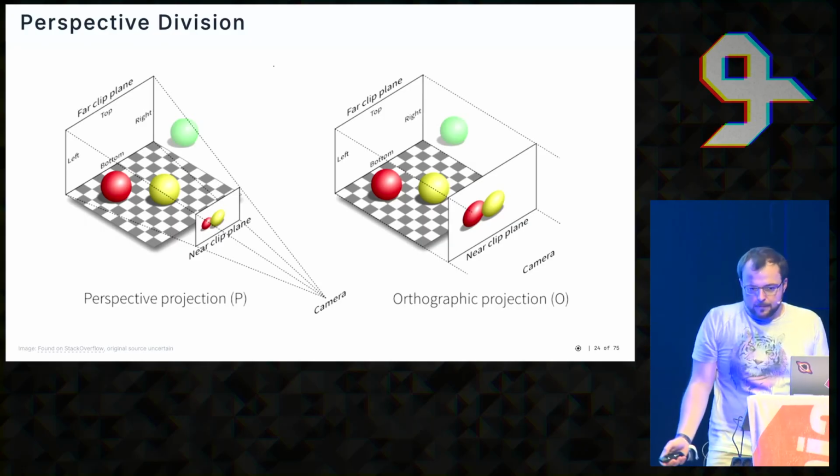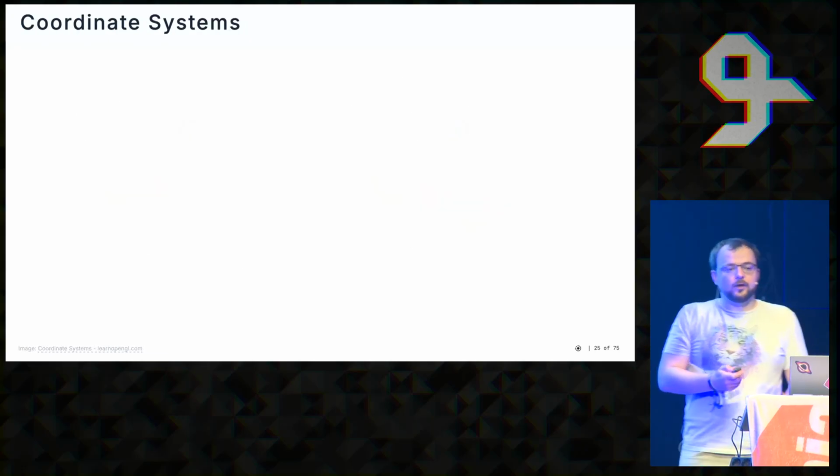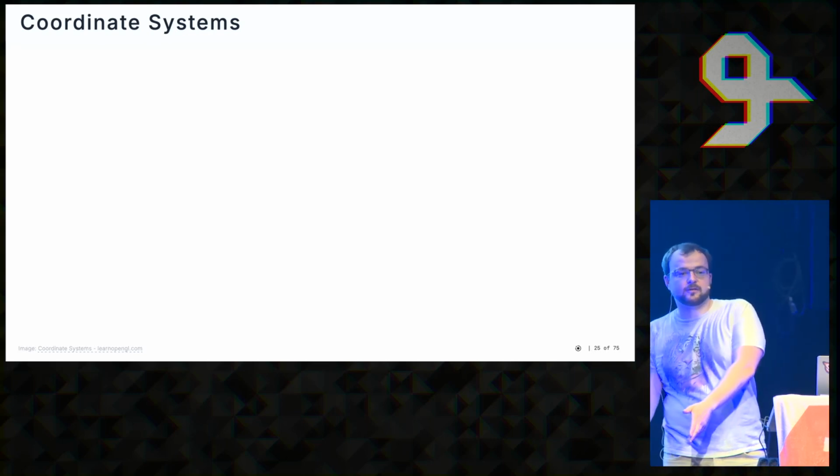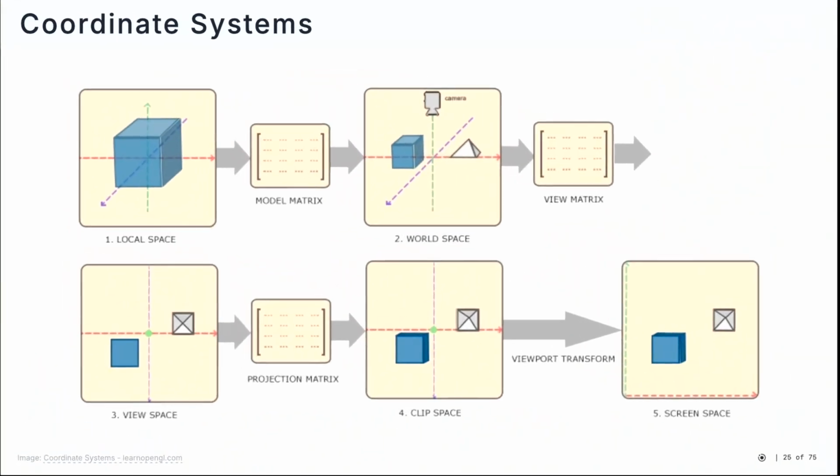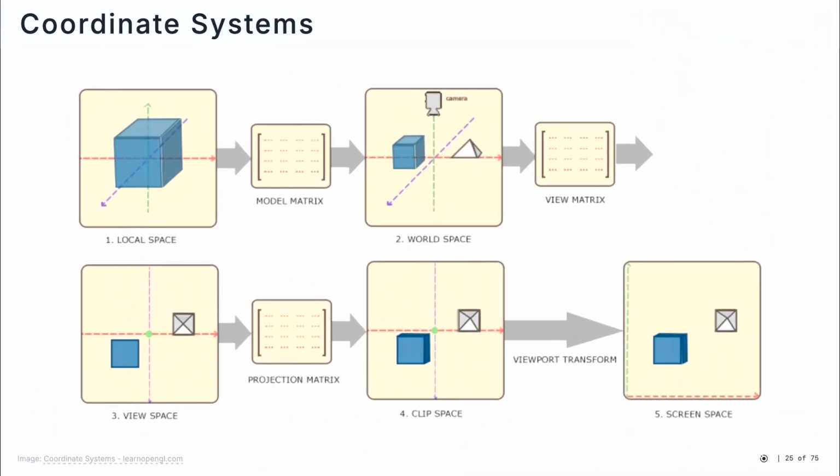But to wrap this up, we have a set of different coordinate systems that we're bringing our models through. We start with the so-called model or local space, which we transform into world space or scene using the model matrix. Then using a view matrix, we end up in view space, which is orthographic.